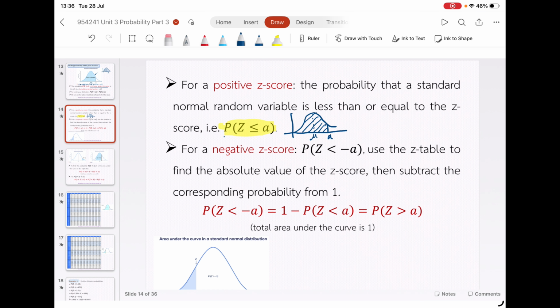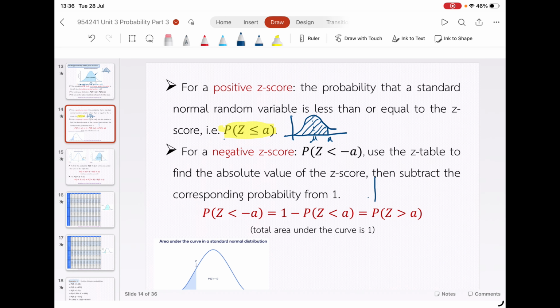Now for the negative z-score, minus A to the left of mu, like that.